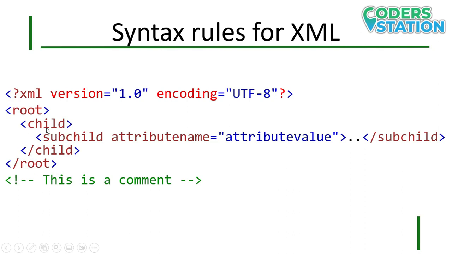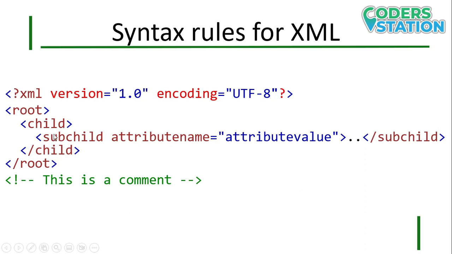Similarly, as we do in an HTML tag, suppose we are using a bold tag, whatever content we write between the start tag and end tag will be displayed bold in an HTML file. Similarly, the root is the main tag, and the end tag of the root tag is there, and whatever data we want to place, we have to place in it.